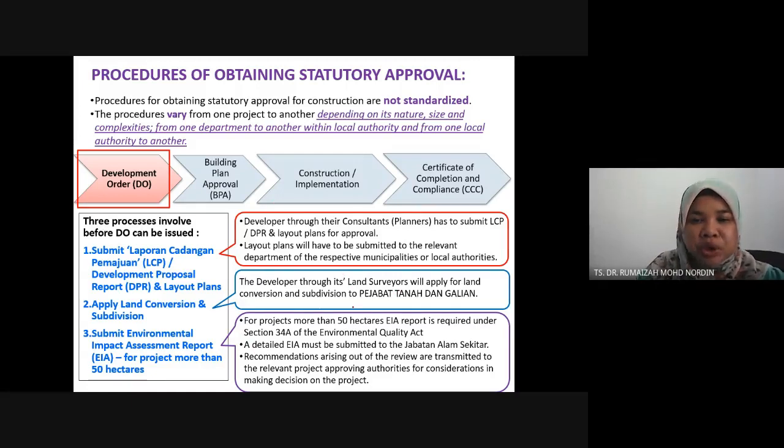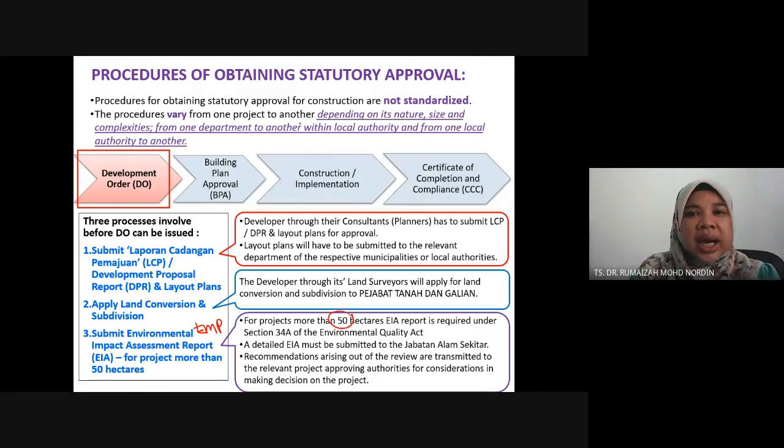If your project is more than 50 hectares, you need to conduct an EIA. If not more than 50 hectares, you only need to make sure you have an EMP in your project plan. EMP is environmental management for protection. It will be in your construction drawing and planning, with techniques to protect the environment. Alright, so this is the development order.